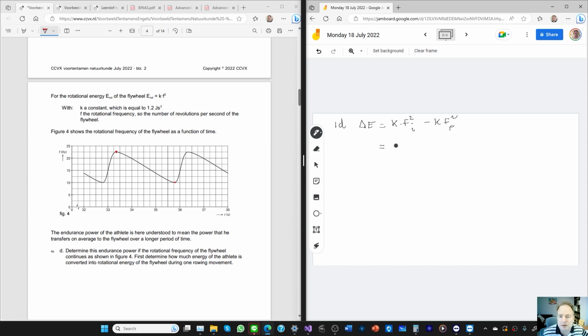So this is equal to 1.2 times, I can factorize k here, 22.5 squared minus 10 squared.